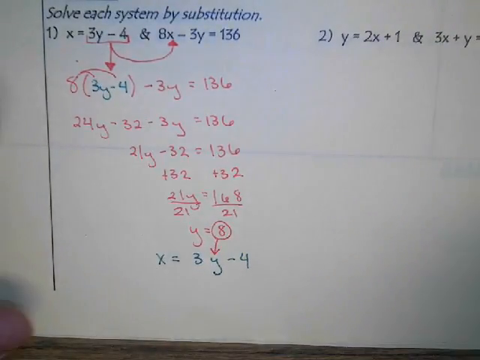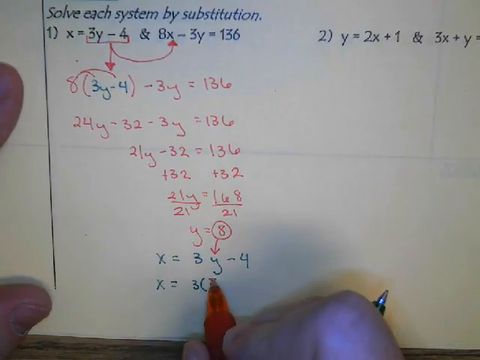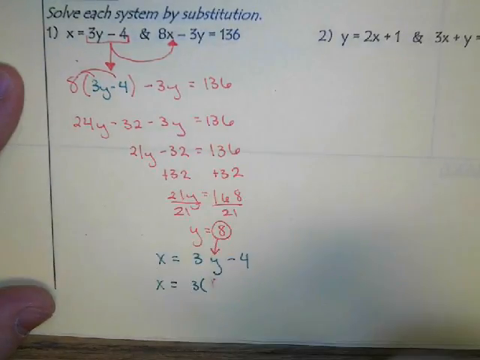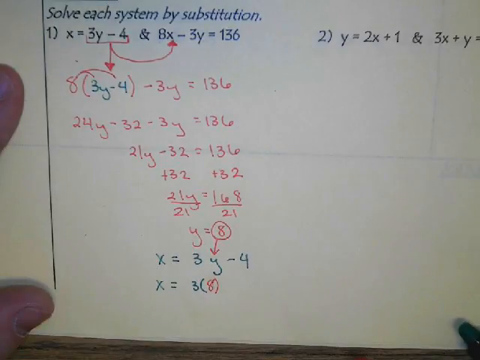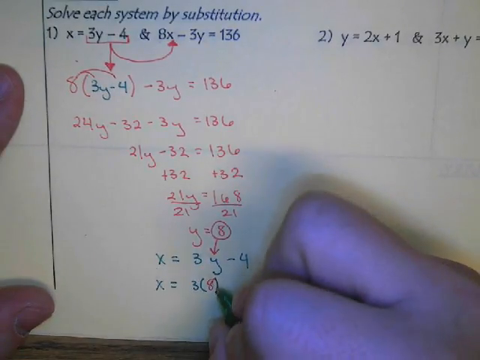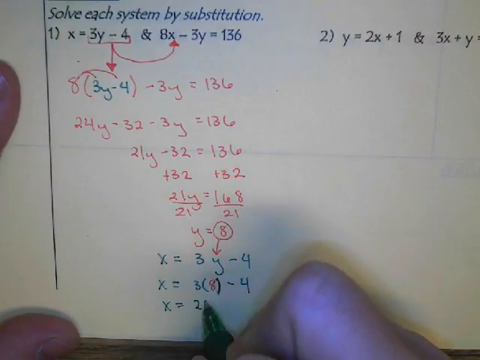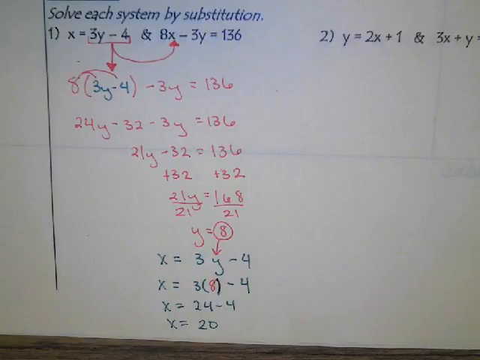So we'll have x equals 3 times 8 minus 4, and we simplify. We get x equals 24 minus 4, x equals 20. So now we have an x and a y, and we want to write our answer as a point.